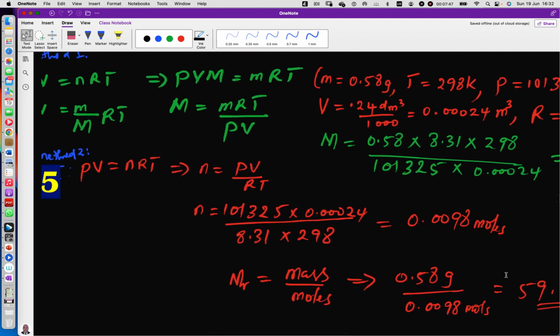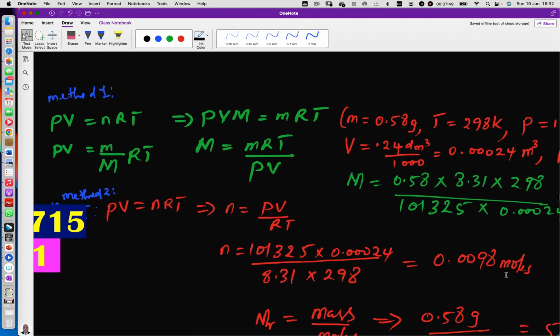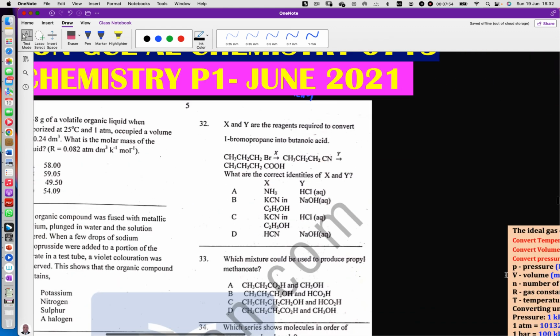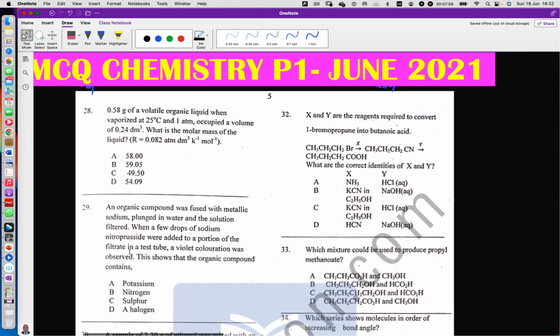So there are two ways you can do that. But if you don't want to carry out this conversion in your calculation, you can still use your values, but convert only the temperature and the volume, and everything I think will be okay.